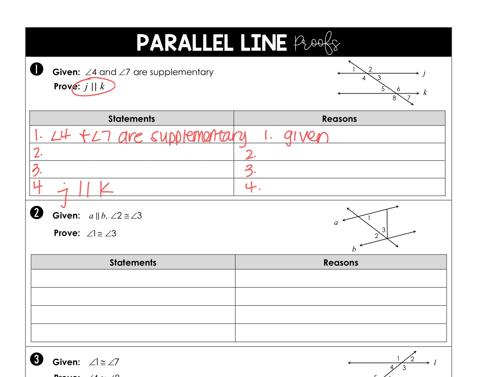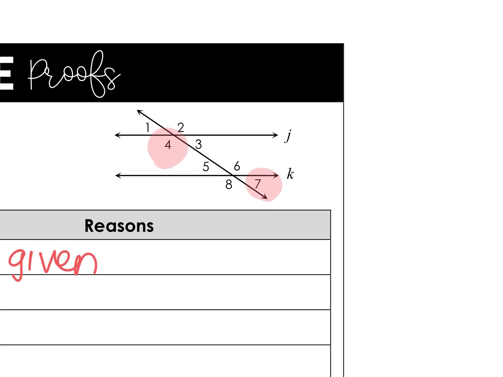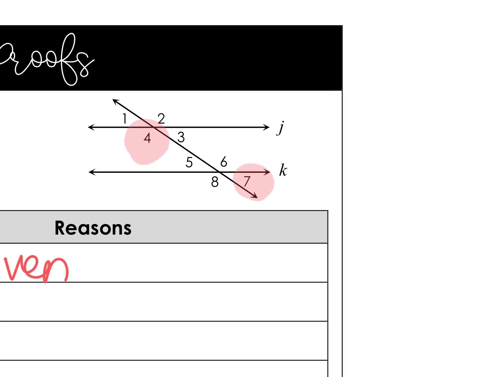So now we're looking at angle 4, maybe. Yep, there it is. Angle 4 and angle 7. It says angle 4 and angle 7 are supplementary. Well, I'm looking at them and I see that angle 4 is an obtuse angle and angle 7 is an acute angle. So they probably are supplementary, because the only options with parallel lines is that they're supplementary or they're equal, right?